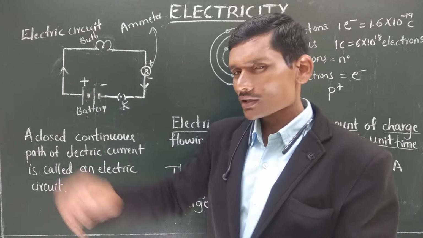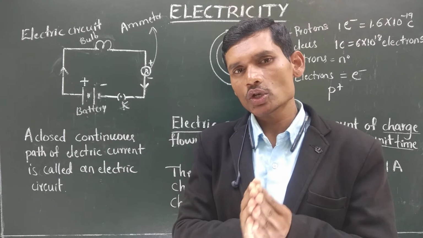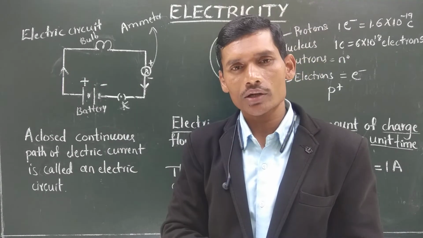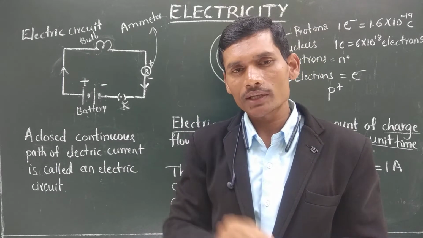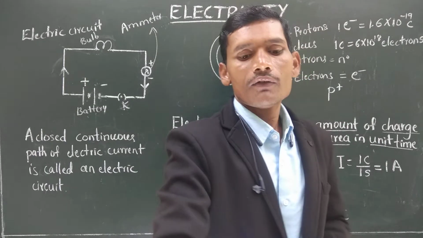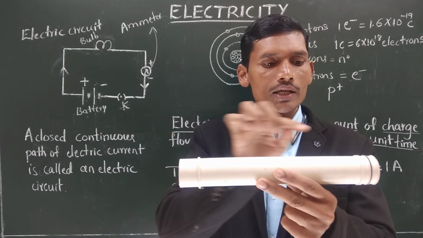For flowing, some energy has to be spent, some work has to be done to make the electrons move from one point to another. Some energy has to be spent. That is nothing but work done. So now you see, for example, we'll take here from one point to another point.